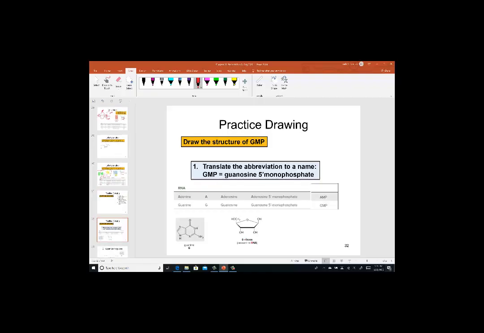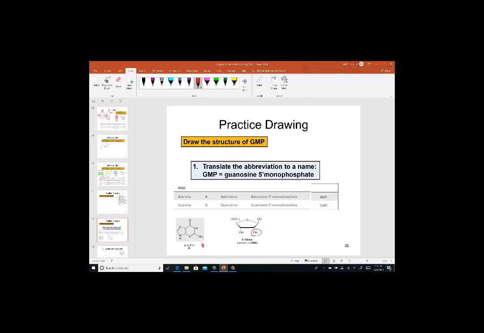Are you ready to check? Well, first of all, GMP, guanosine 5' monophosphate. Guanosine, that's the G. I bet you knew that from guanine. Guanine is this structure. I have to know that. Guanine is a 2-ringed base, and the sugar will contain the OH group, right?